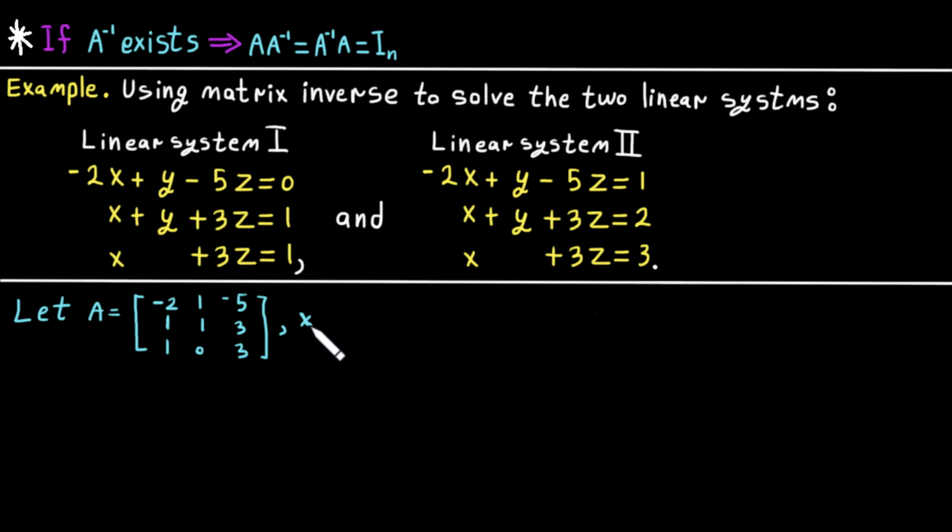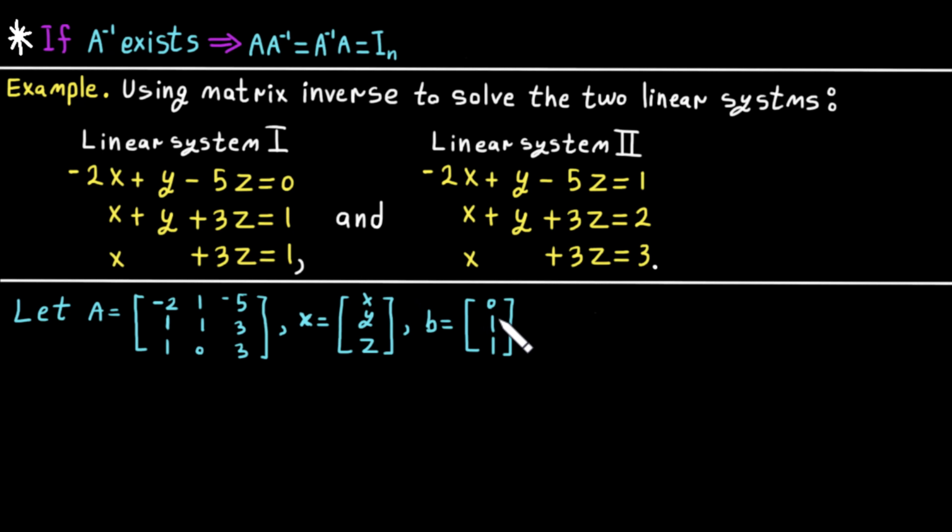Here x in bold represents the solution, x, y, z. Now the result vector for linear system 1, let's call it b: 0, 1, 1.